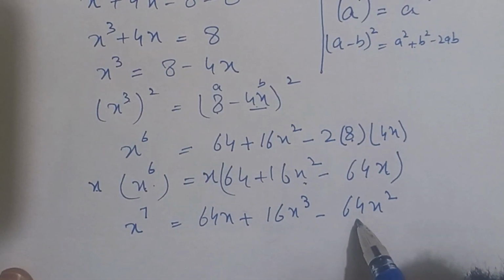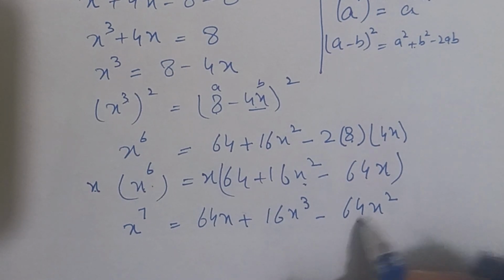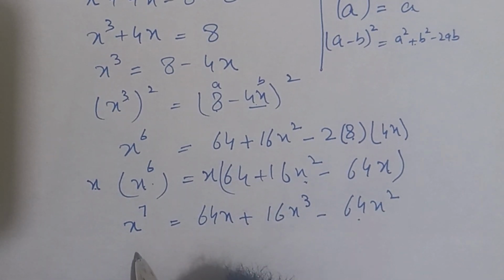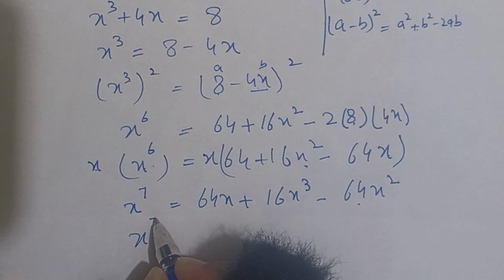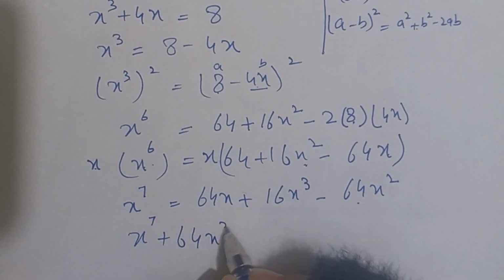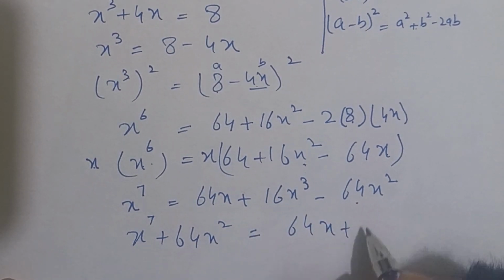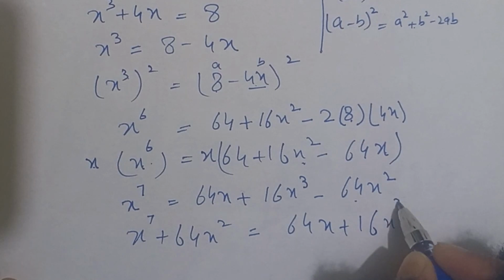So we move this 64x square to the right hand side of our equation. For this we add 64x square on both sides, then we get x raised to the power 7 plus 64x square, and the right hand side is 64x plus 16x cube.